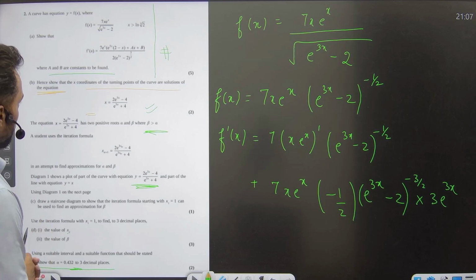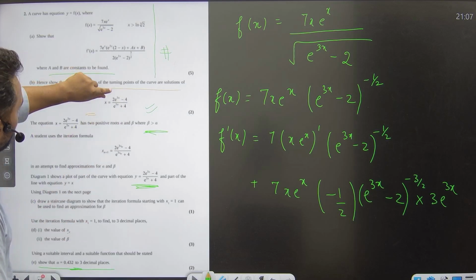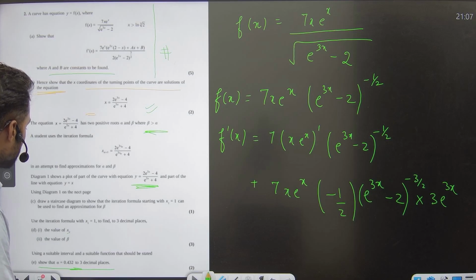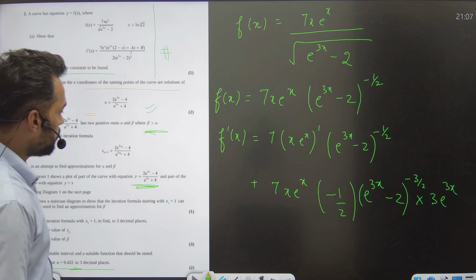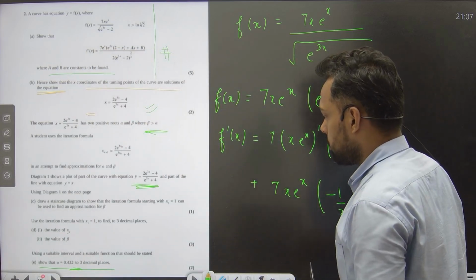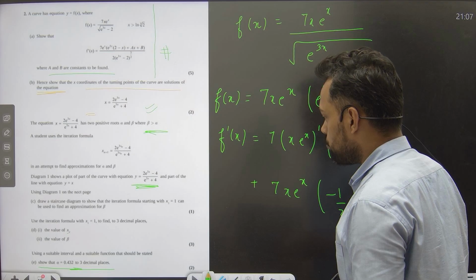Okay. If we are keeping this particular value x here, 2 e raised to the power 3x minus 4, so this will be the value f prime of x. Alpha is equal to 0.432.